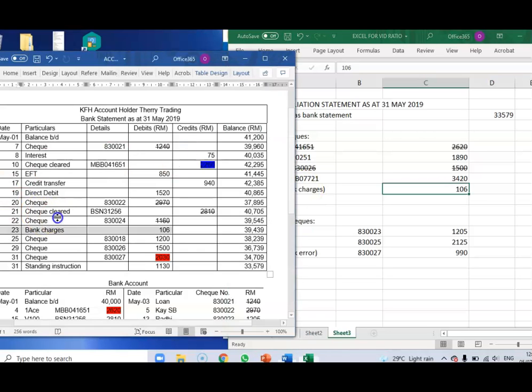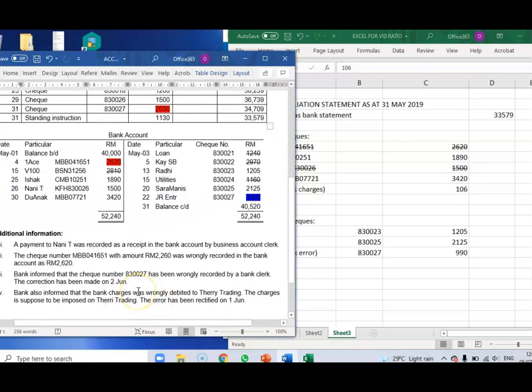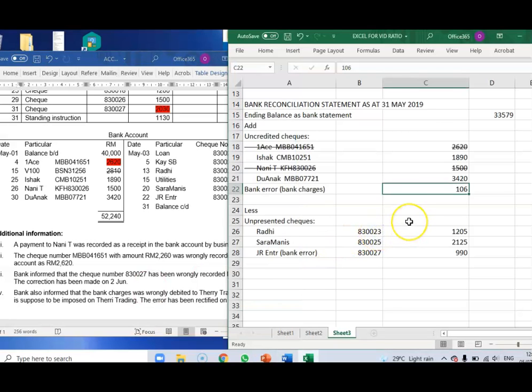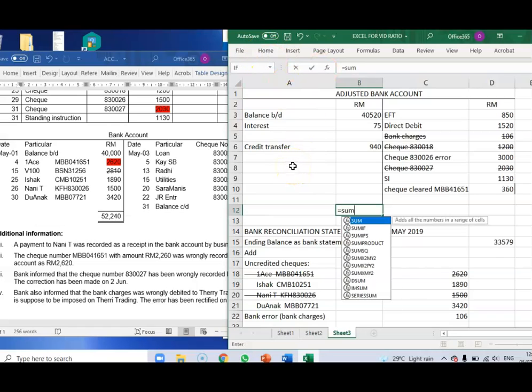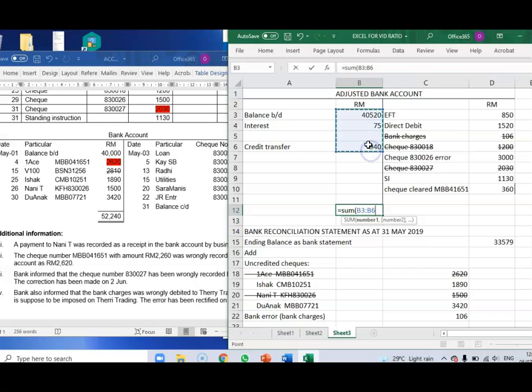Now, after you do all the adjustment, then now you need to find out the adjusted balance between the bank account and the bank statement. Okay, so here you need to sum up the amount. Okay, this is the amount, the same as we do our ledgers.